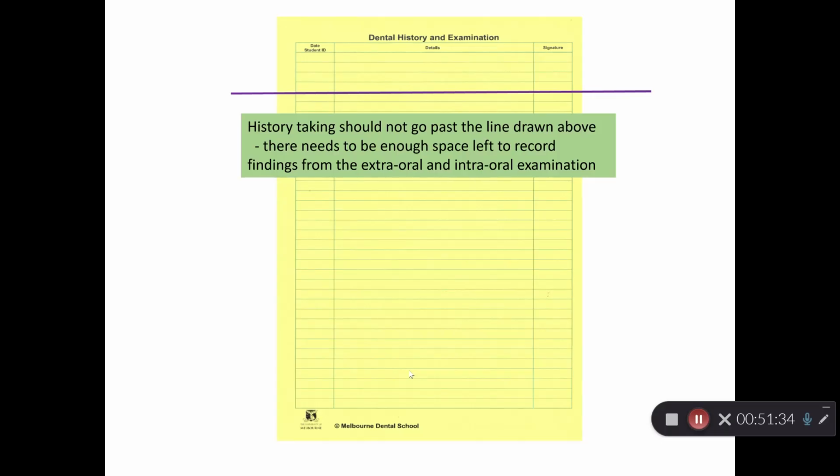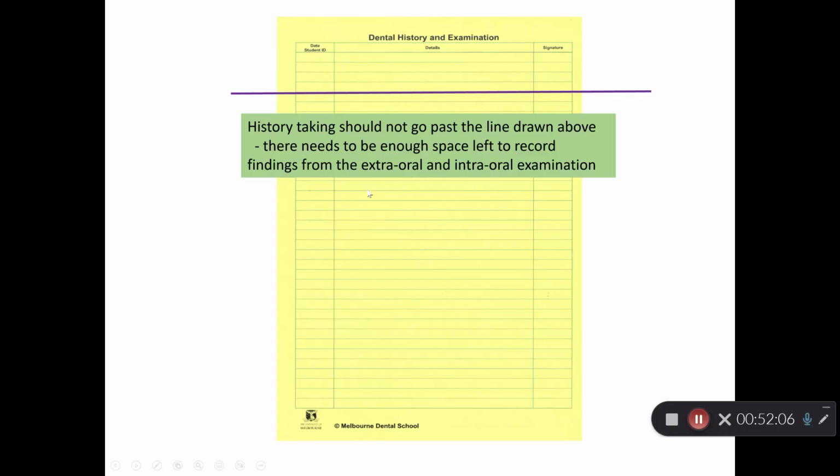You have a third sheet, which you'll see from lectures and from the next prac, with a dental chart on it. So it doesn't look like one of these sheets. And on the back of that sheet is information to help you record diagnoses and a treatment plan. So these are the only ones you've got for your history taking and your extraoral and intraoral exam.